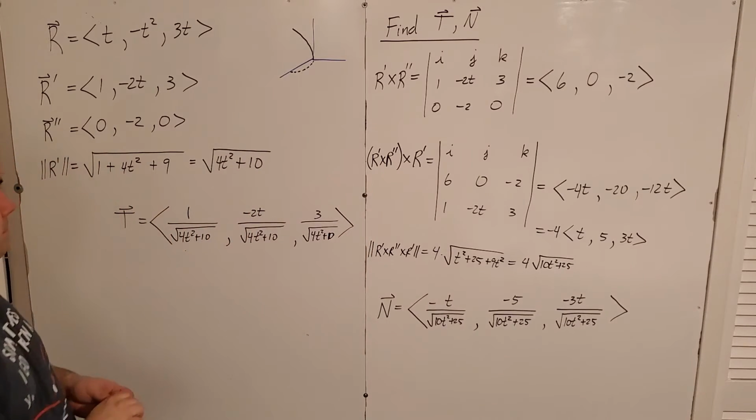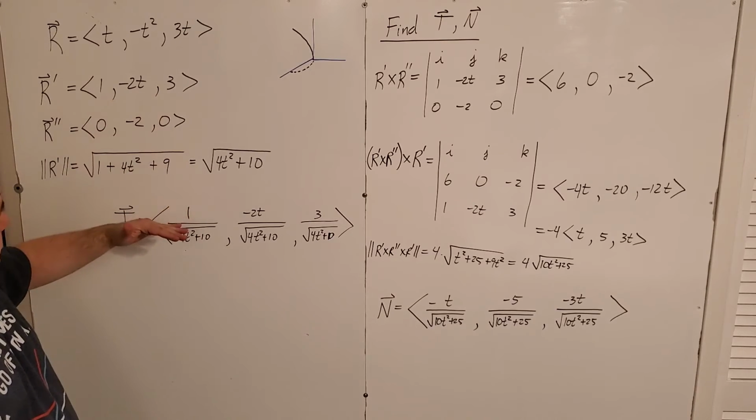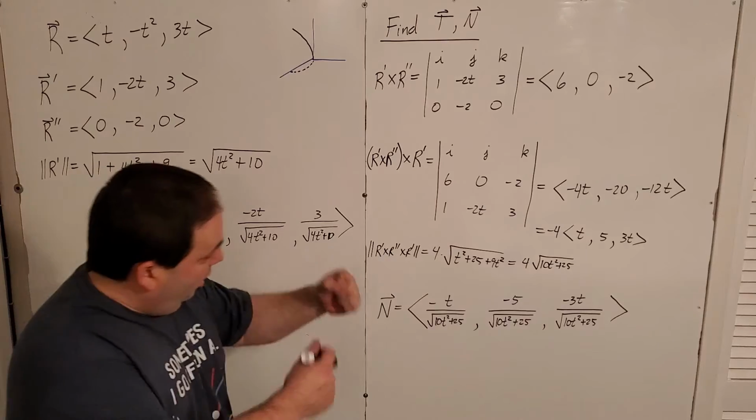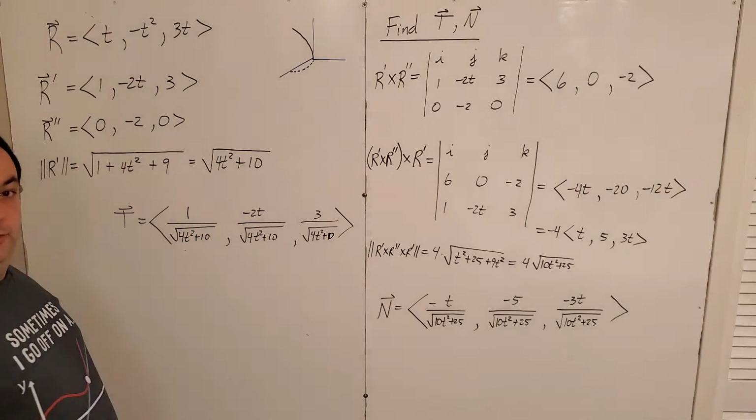Okay? So you've already got T, right? It's not too much of an effort ever to get to your unit tangent vector. It's always that extra step that it takes to get to your unit normal vector.